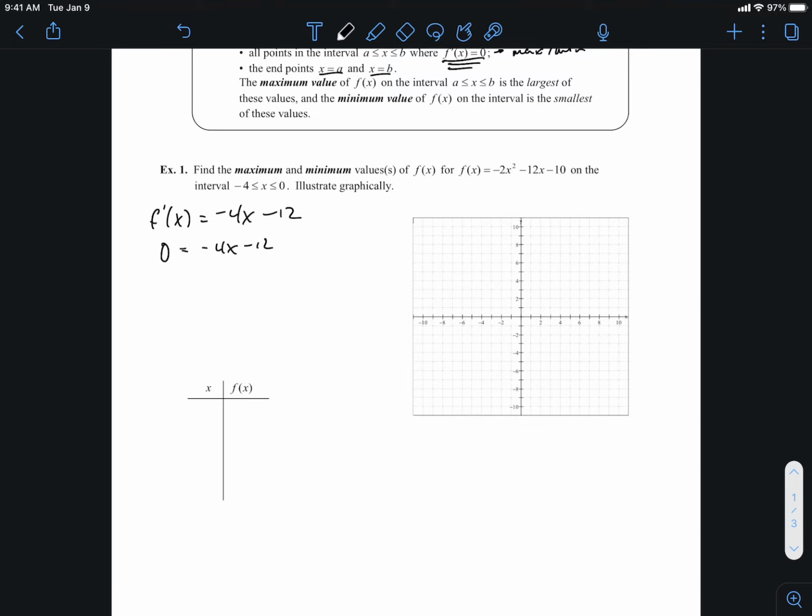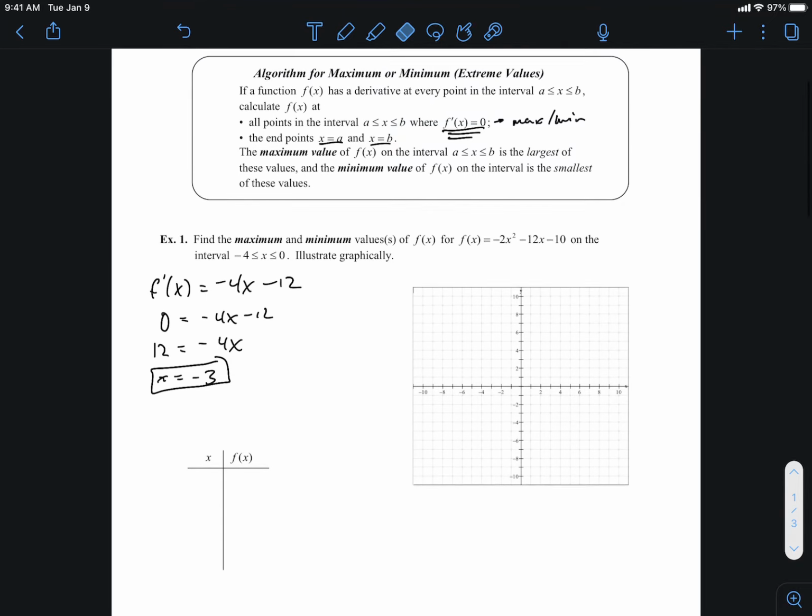So 0 equals that. If I bring the 12 over, I get -4x, and so my x value here is going to equal -3. So I know that there's a maximum or a minimum occurring at x equals -3. Your question then is, which one is it, obviously, right?